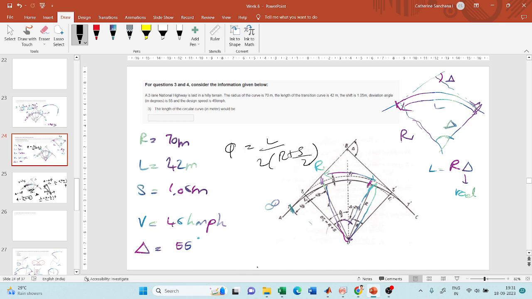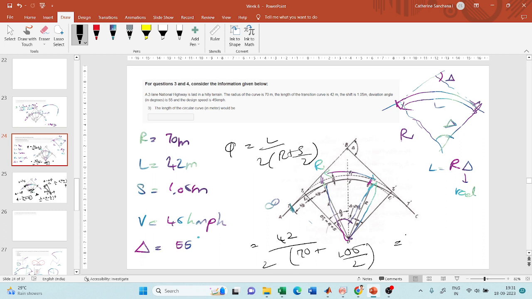L is nothing but 42, 2 into R, which is 70, plus the shift, 1.05, divided by 2. So phi here is 17.061 degrees.